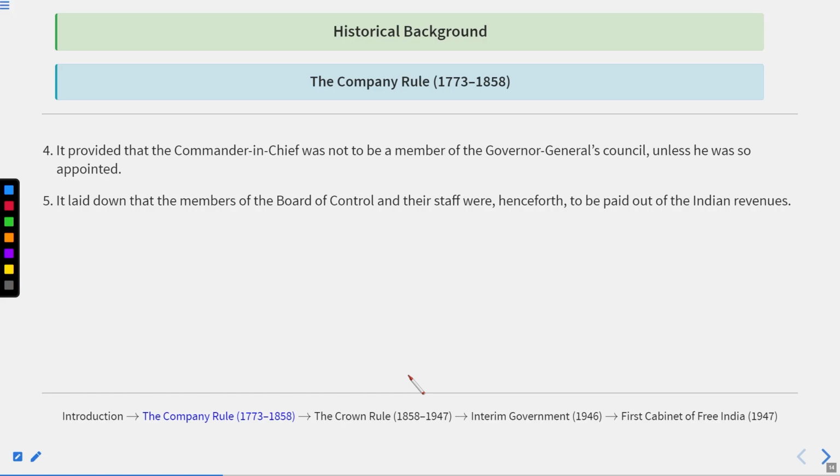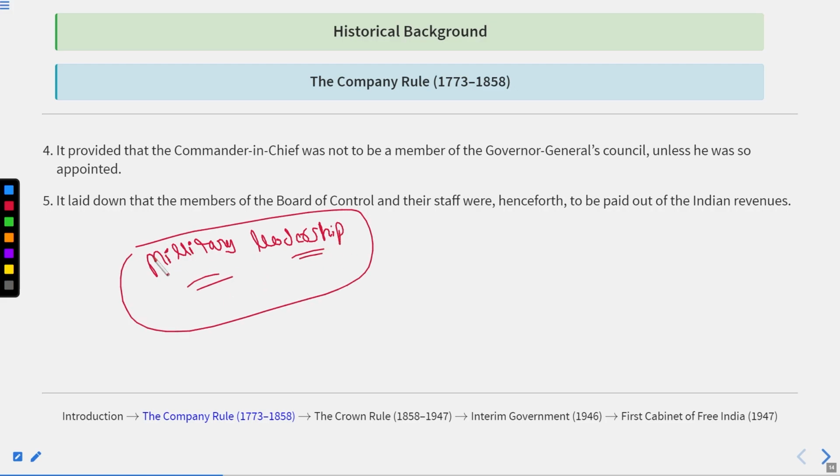Thereafter, it provided that the commander in chief was not to be a member of the Governor General's Council unless he was so appointed. Here again, the military leadership got separated from the civilian administration.